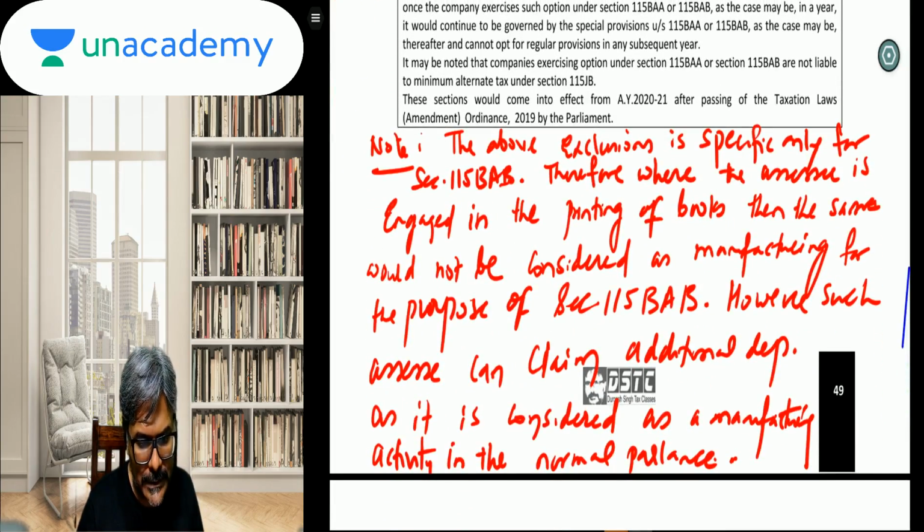The above exclusion is specific only for section 115BAB.